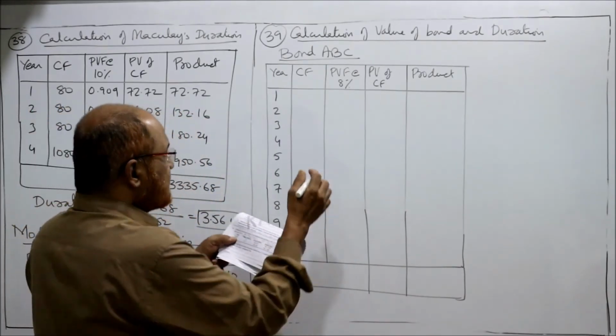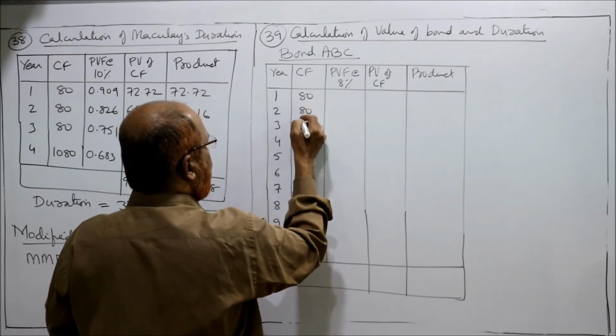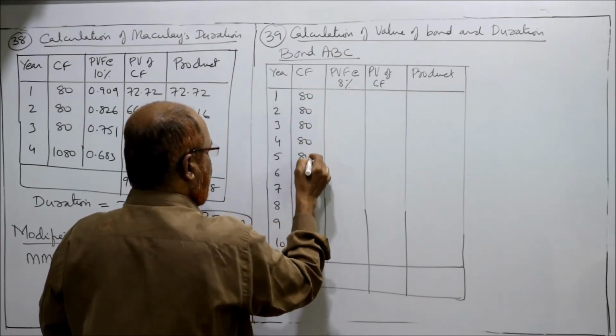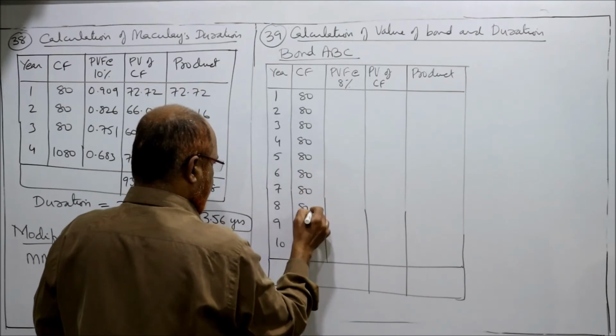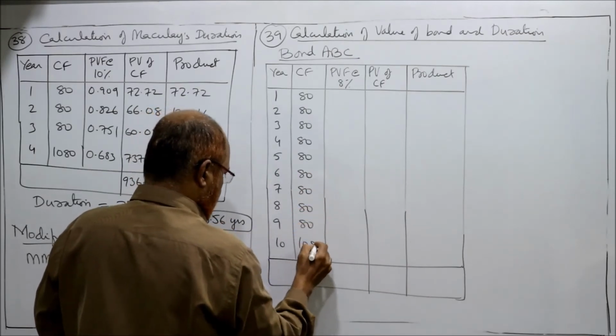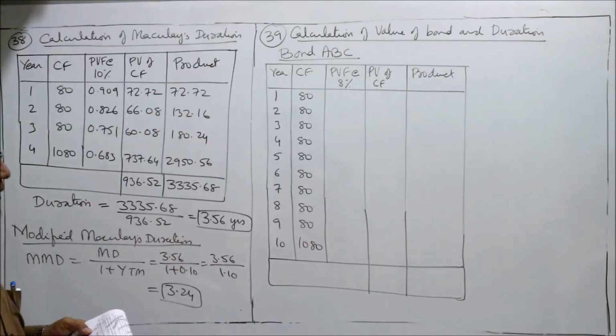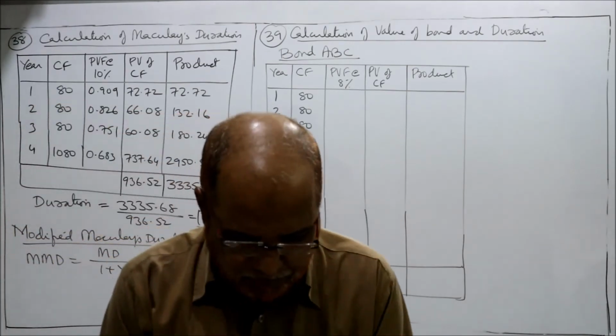Annual interest is 80 rupees, last year 1080. Now PV factors at the rate of 8%.